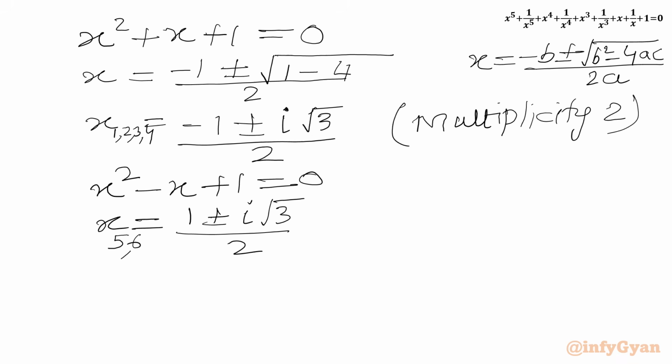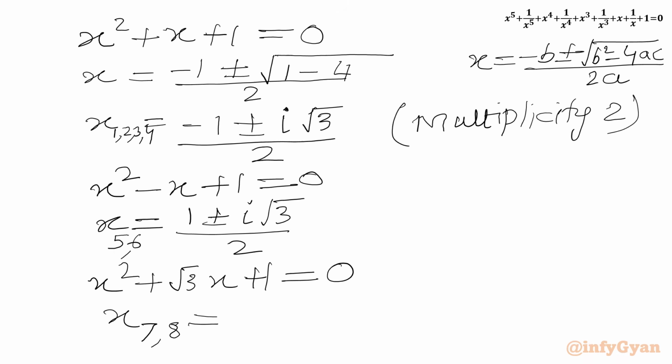Now we will consider the third factor, x square plus root 3x plus 1 equal to 0. Again we are going to get two roots. So I will write 7 and 8 equal to minus b.